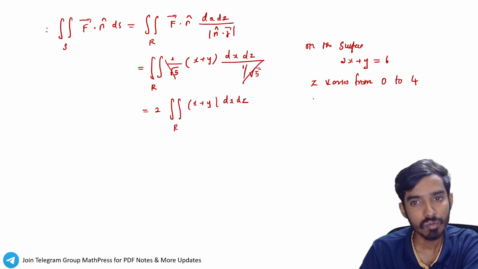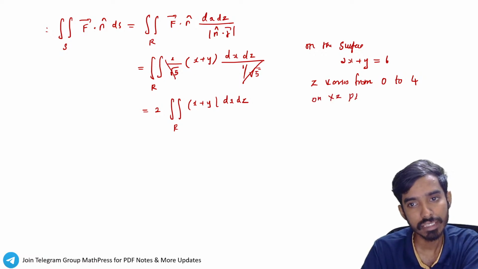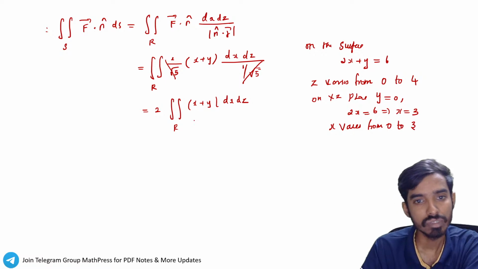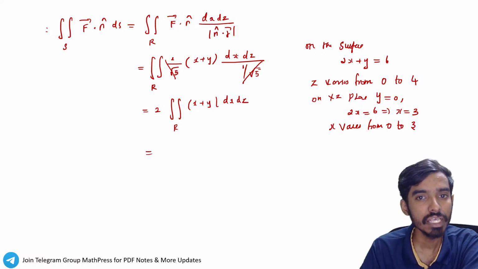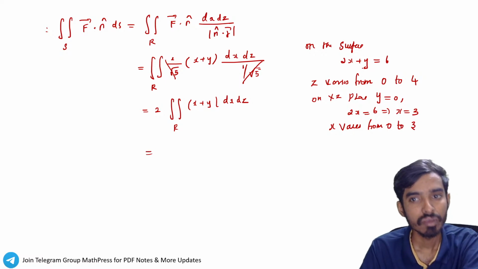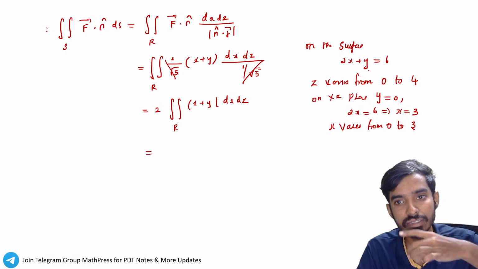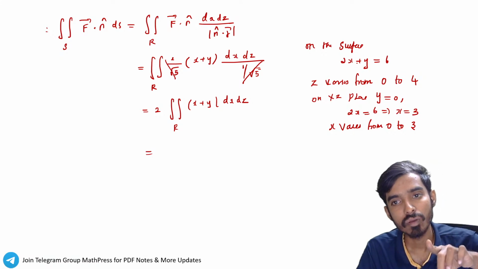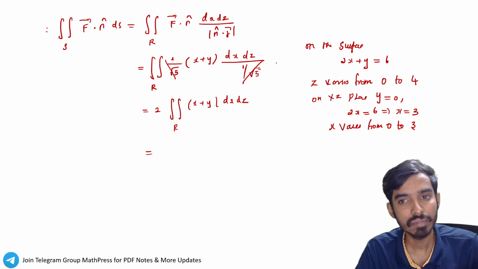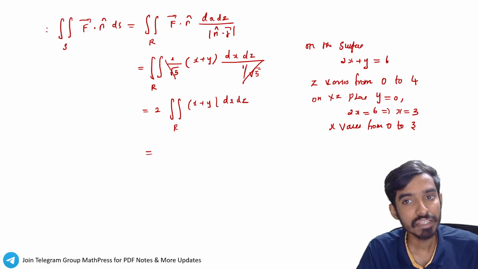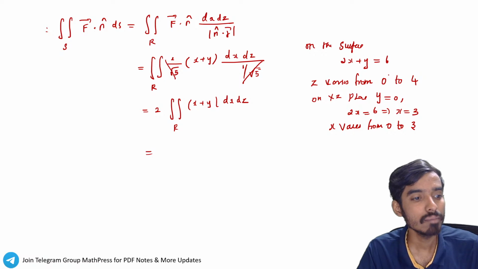On the xz plane, y is 0, therefore 2x is equal to 6, that means x will be 3. Since we are in the first octant, x varies from 0 to 3. If you are choosing dy dz, then x will be 0, and in that case y varies from 0 to 6.